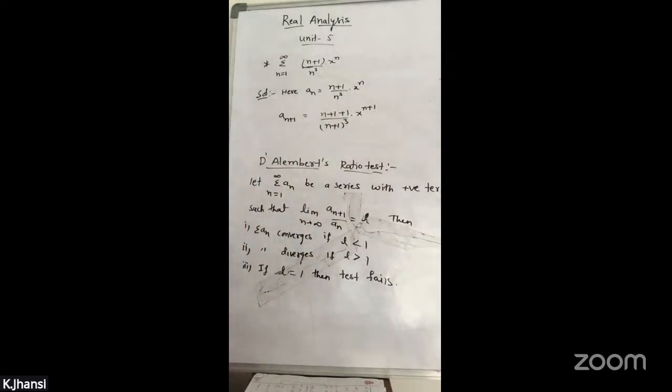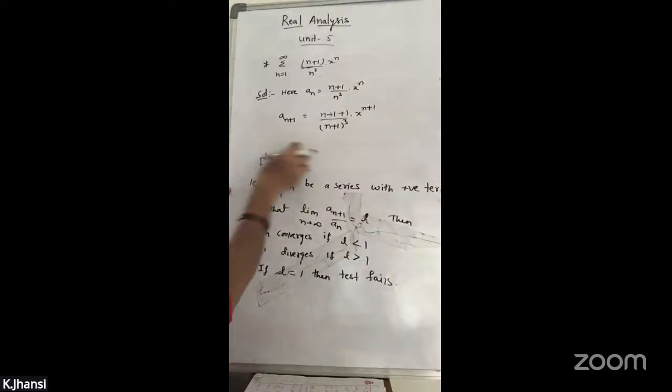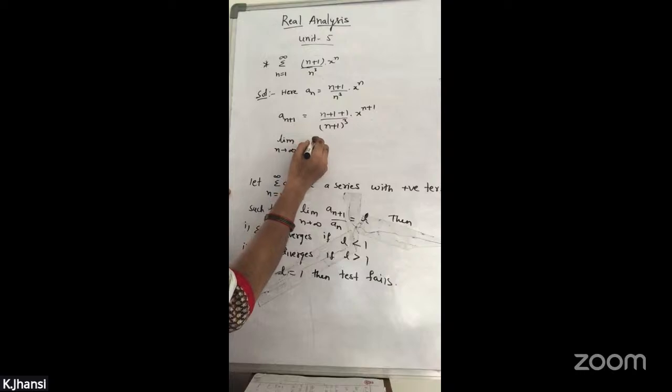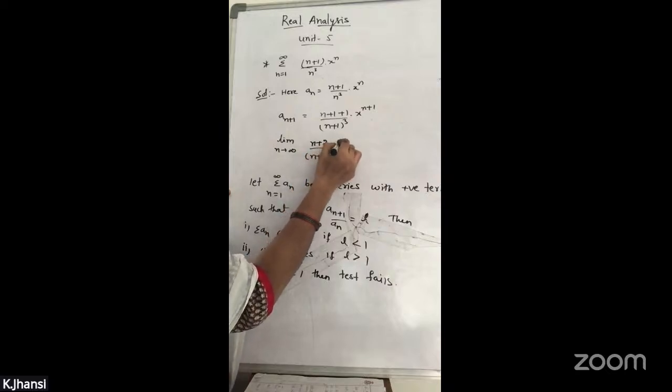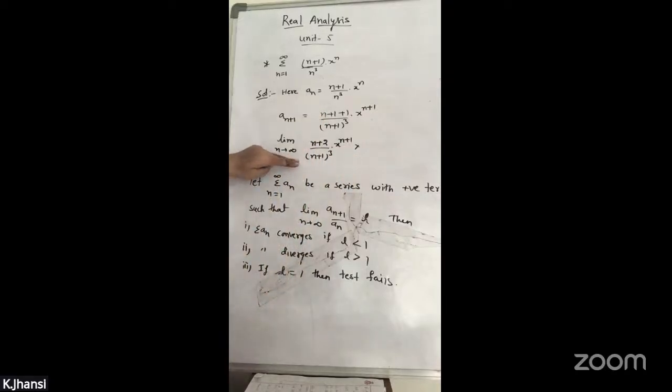Now we substitute an and an plus 1 values in this limit, that is limit n tends to infinity an plus 1 by an.